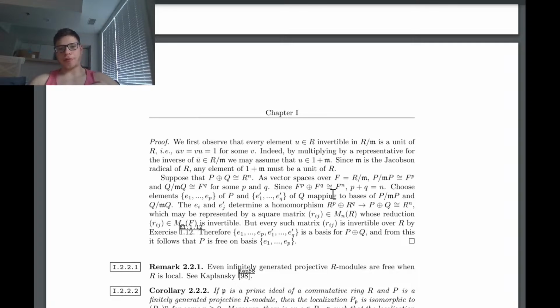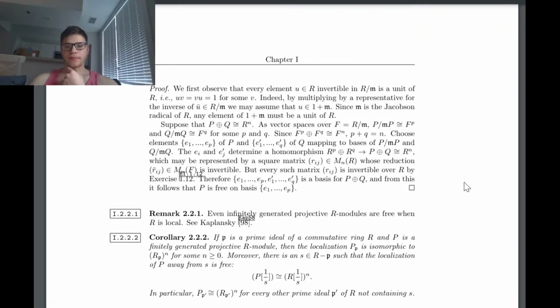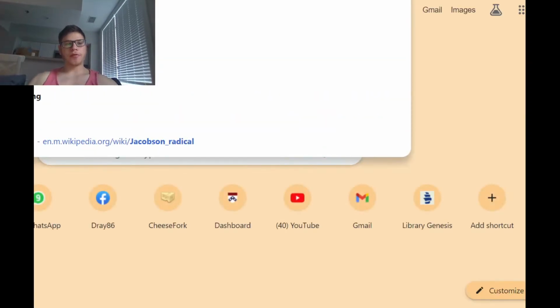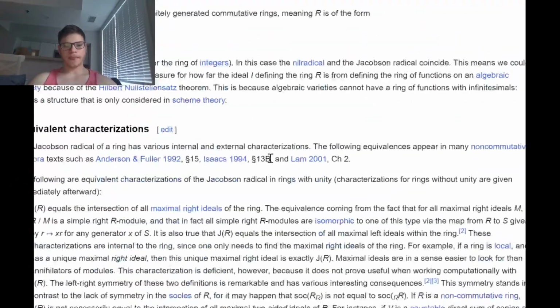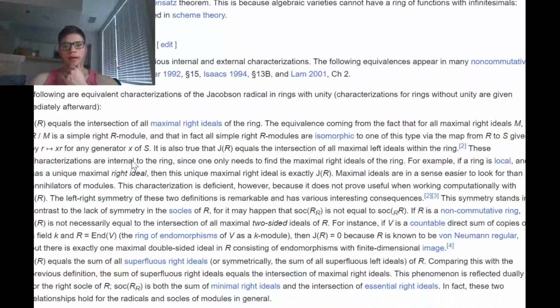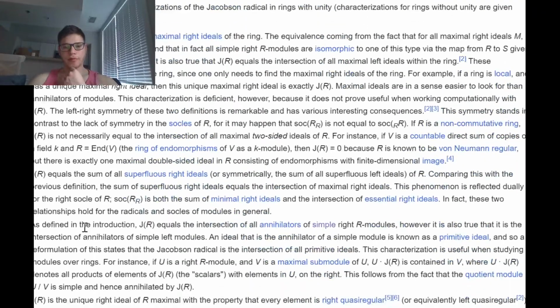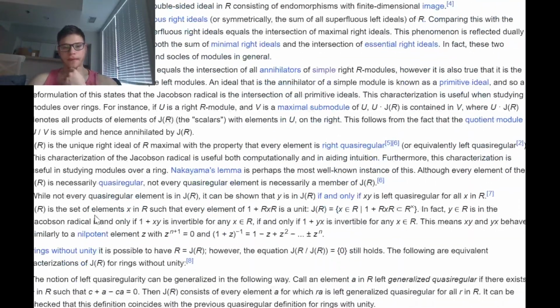But yeah, that's another way, I guess, because basically the Jacobson radical is all of the elements such that 1 minus that element is a unit. What is the defining property of the Jacobson radical that they're using here? Okay, JR is all superfluous. Yeah, quasi-regular.